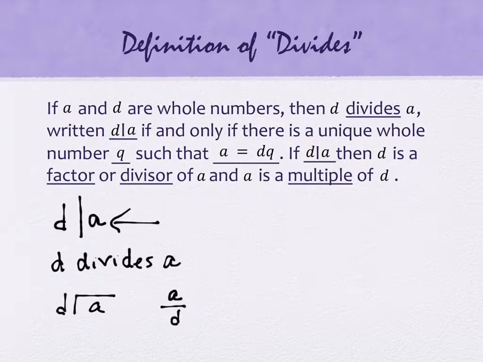Now let me think with you with some numbers so you can see how this makes sense. We would say that 4 divides 20. And you agree with that, right? This is how we would write it. The smaller number comes first, 4, and then the 20.